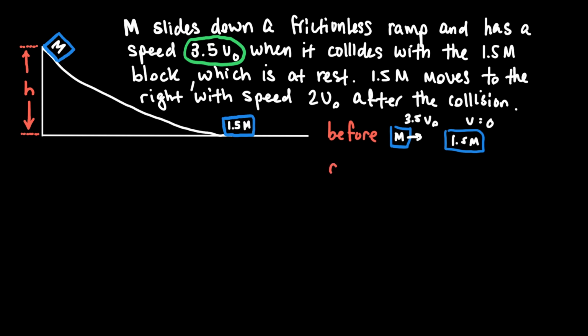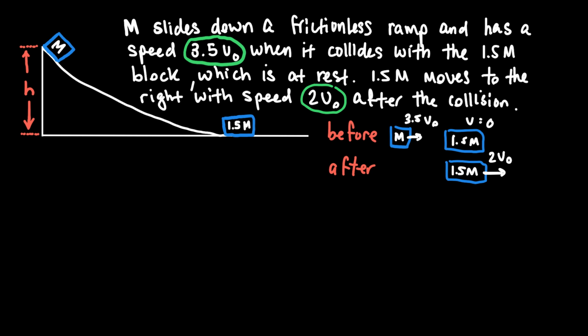And then after the collision, we're given some information. It says that the 1.5 m block moves to the right with the speed of 2 v0. So after the collision, we have the 1.5 m mass, which is moving to the right with a speed of 2 v0.